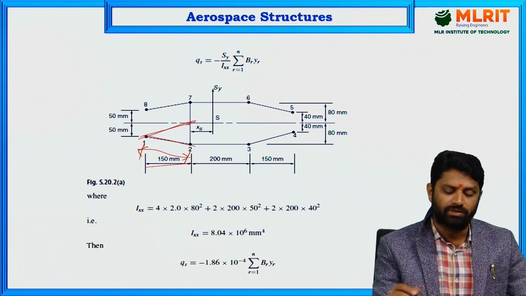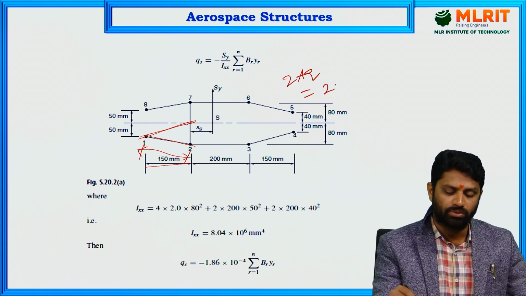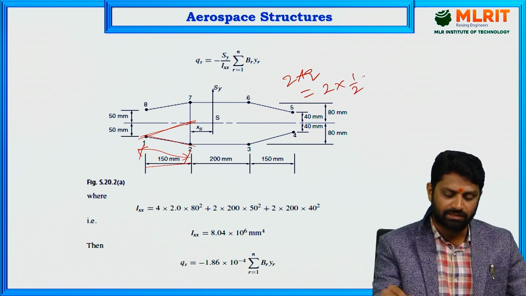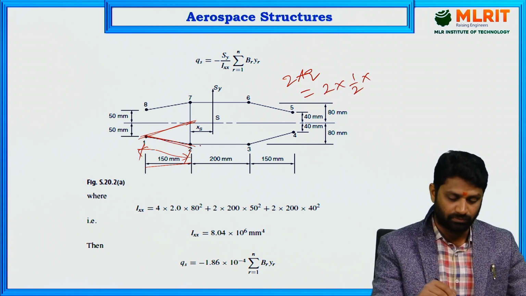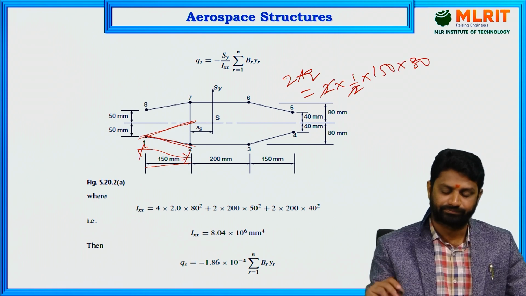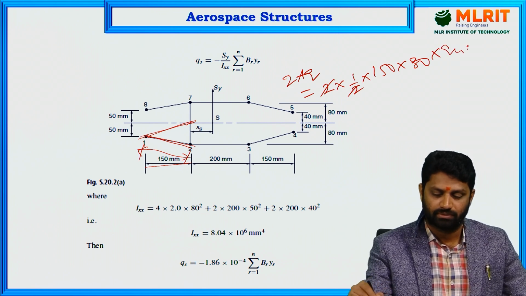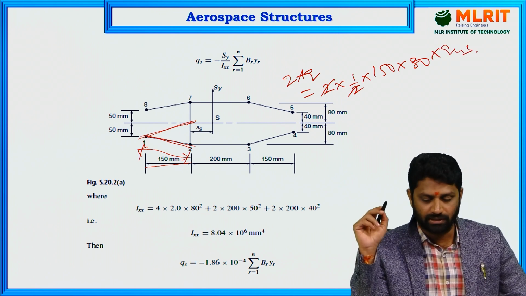Again, you can consider the moment about this point as 2AQ, that is 2 into the area of that cell, and you can consider this area as half into 150 into 80, into Q, that is Q43. That's very important here.